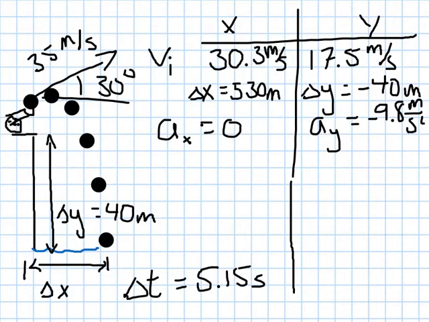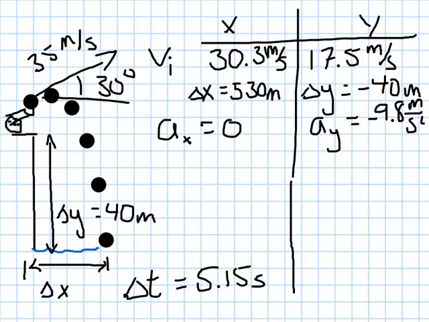So here we're just looking at what we know about the problem again. I have a sketch which shows an initial launch velocity, total initial velocity of 35 meters per second. I've created a table where I've broken it down into its x component. Horizontally, the initial launch velocity is 30.3 meters per second, and the vertical component, so it's also moving upwards at 17.5 meters each second at the launch time.